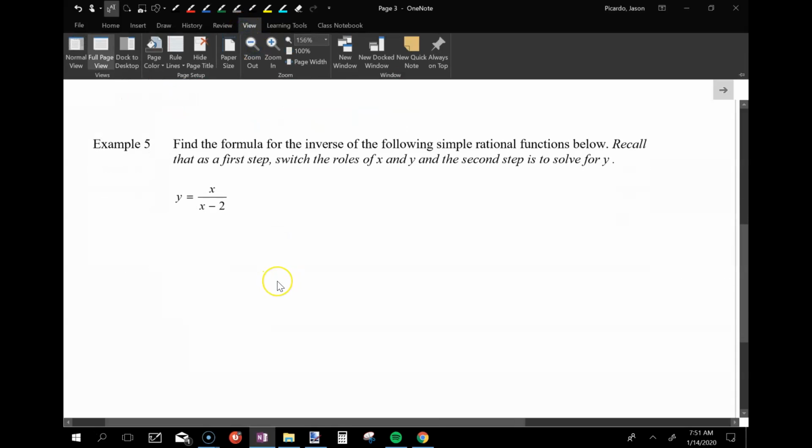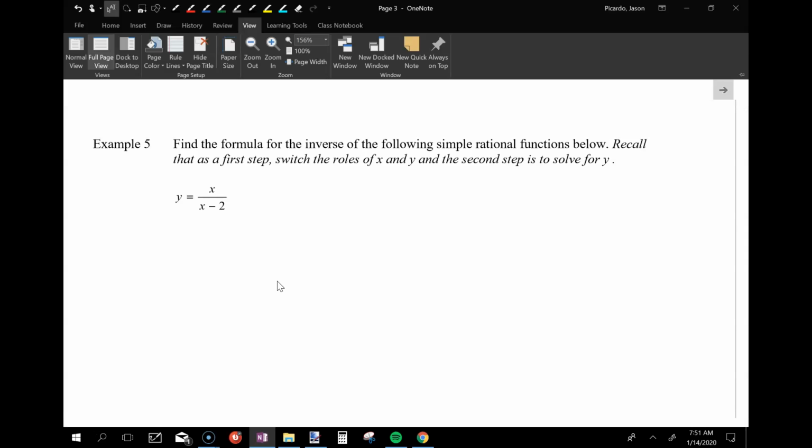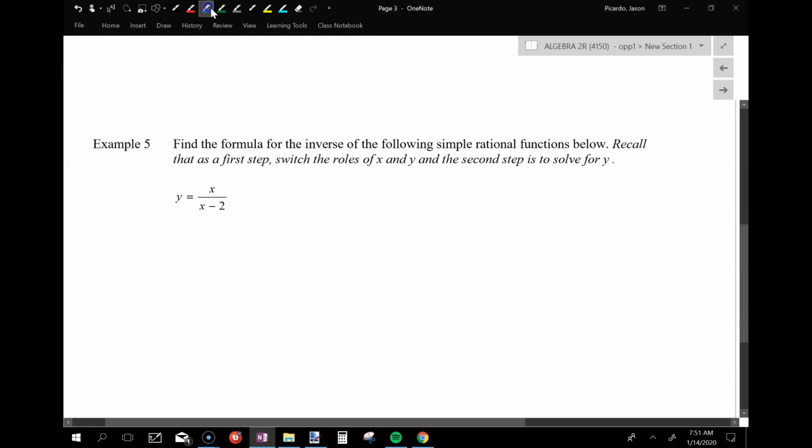This is another really, really important review problem, guys, for stuff that we're going to do in this section, okay? When I say the word inverse, remember, when you hear this phrase, the thought that you should have is to switch x and y, right?